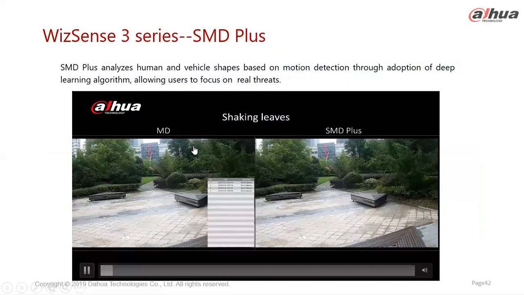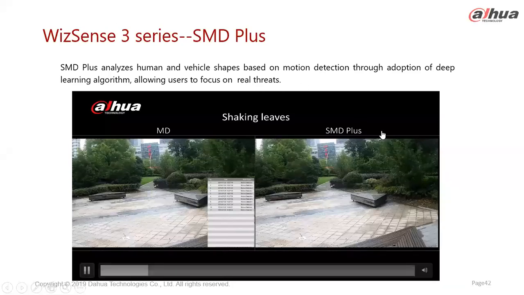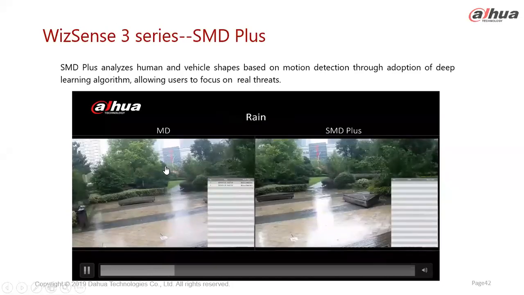So you can see the SMD Plus demonstration on the screens. With motion detection, you can see you have an alarm.